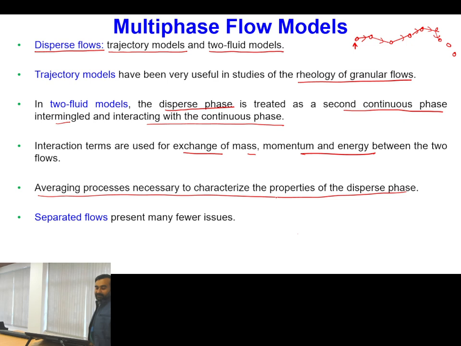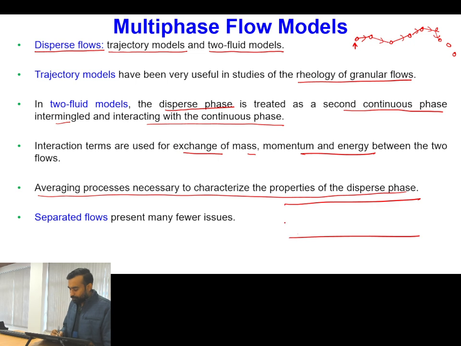And last is the separated flow model, and separated flow models are actually the most generic one. Okay, and in this type of flow model there will rarely be any assumption, no averaging etc. needs to be done, and typically these are used for situations where you have clear segregation between the continuous and the liquid phases.